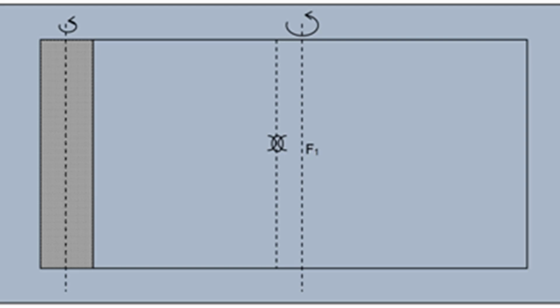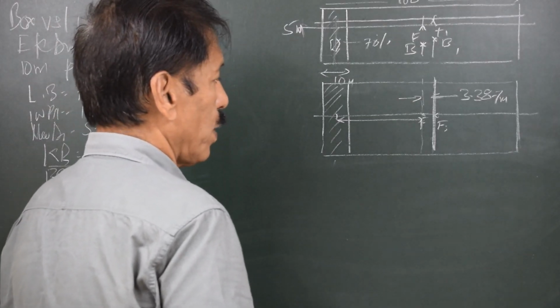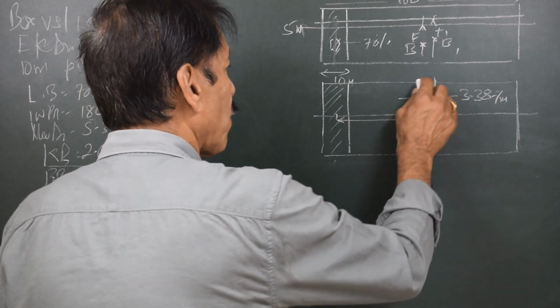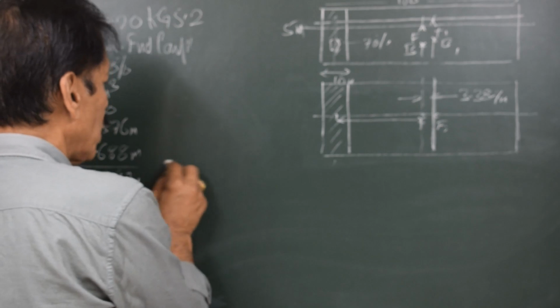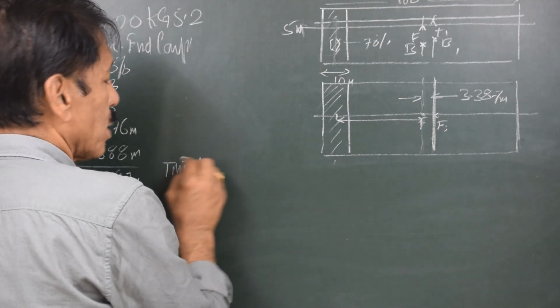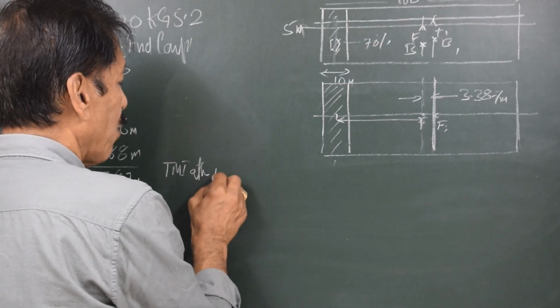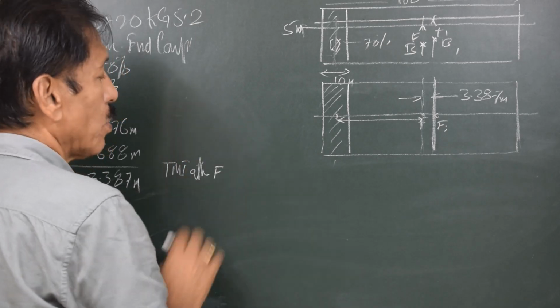Let us try and find out what is the residual moment of inertia. So let us first find out what is the total moment of inertia regardless of damage. Total moment of inertia about athwartship axis through F, not F1. F is the original position, regardless of damage.